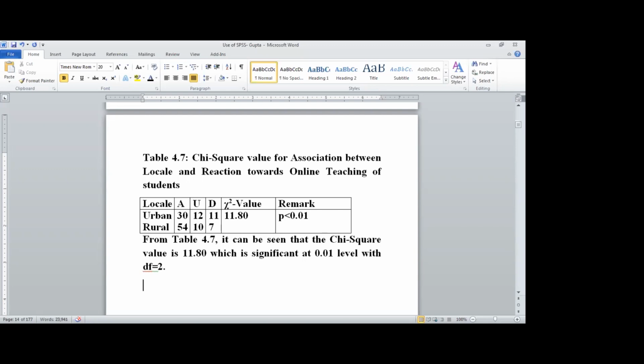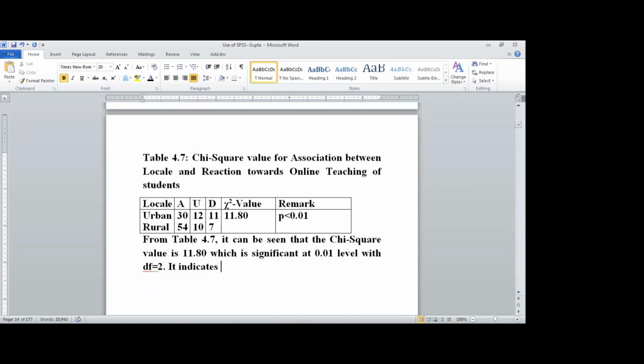If you have to calculate the df, then the formula is (column minus 1) into (row minus 1). So here you have 3 columns and 2 rows. So this will be (3 minus 1) into (2 minus 1), so that comes to 2. This is how the degree of freedom is calculated in case of chi-square.